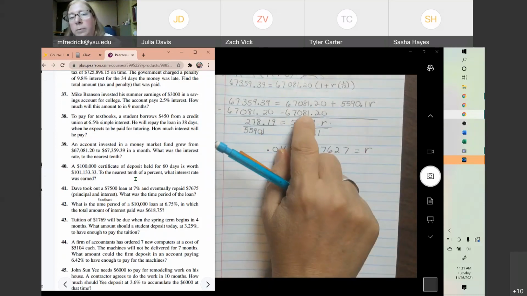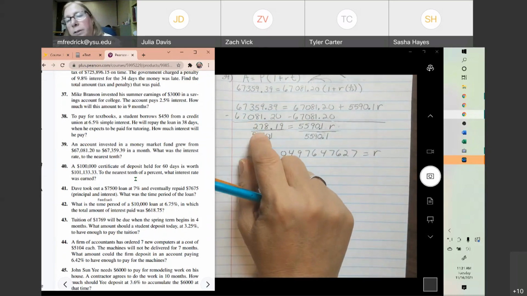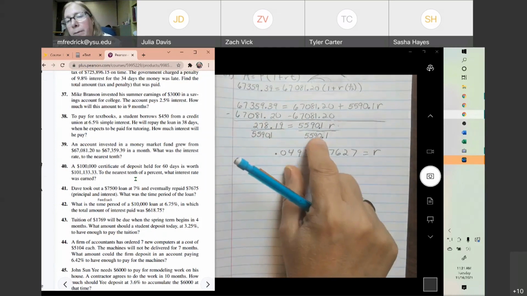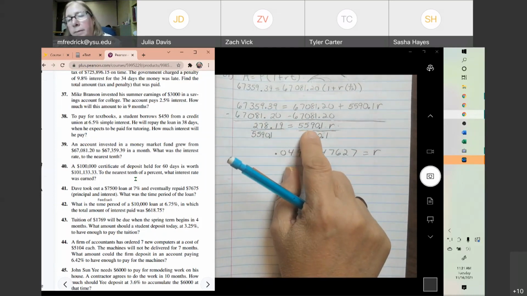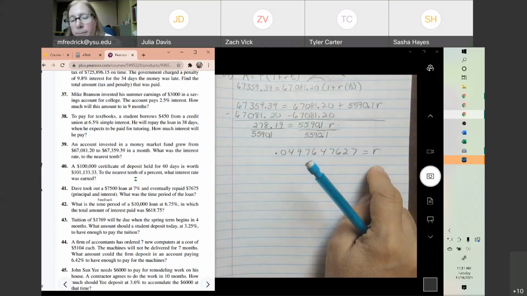Any questions on here? I subtracted the 67,081 and got 278. And then I divided by the 5,590.1 to get R by itself.